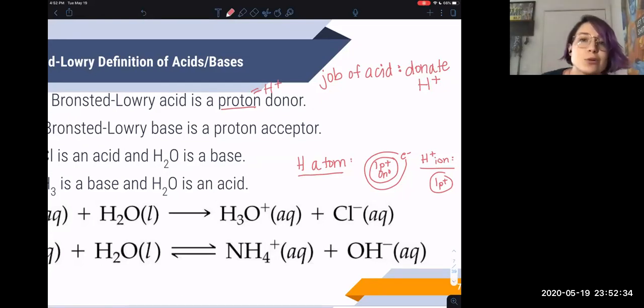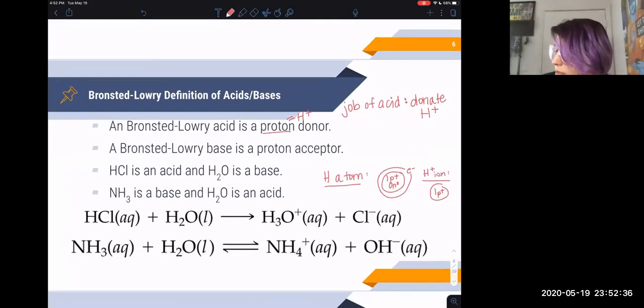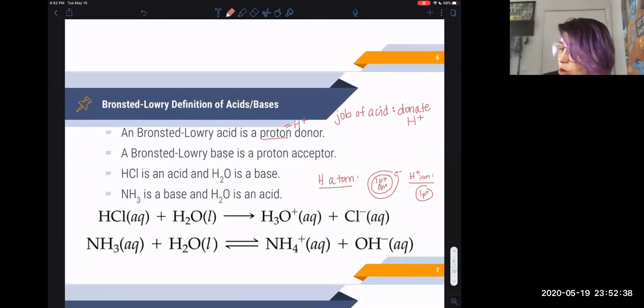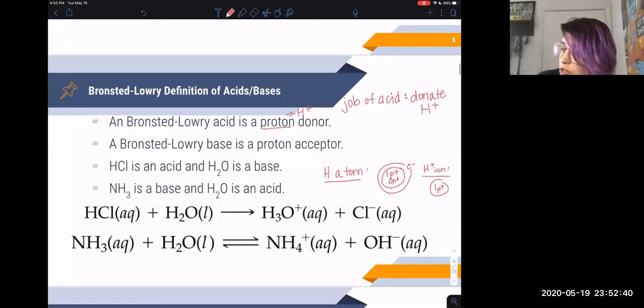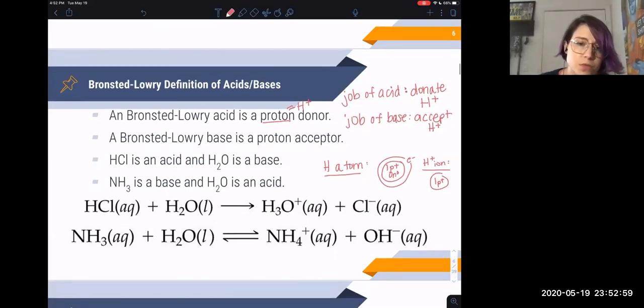So we say proton, we mean hydrogen ion, same thing. The job of an acid is to donate that H+, okay? The job of a base is to accept it. So now we're defined not by how we look, but by how we behave, which is more inclusive. We can include ammonia now and bicarbonate now into these definitions.